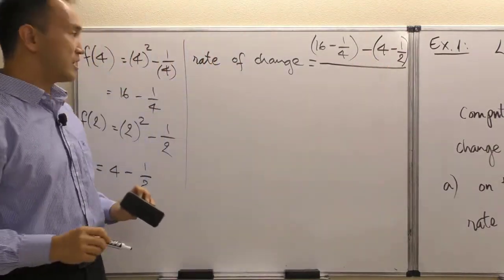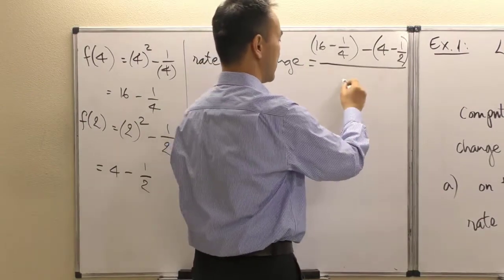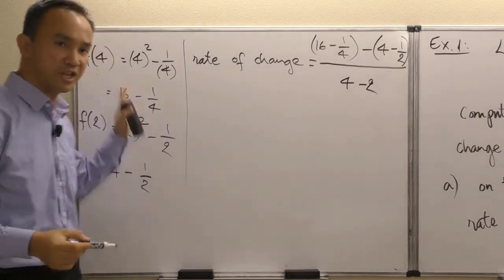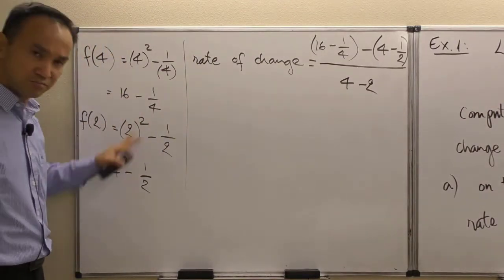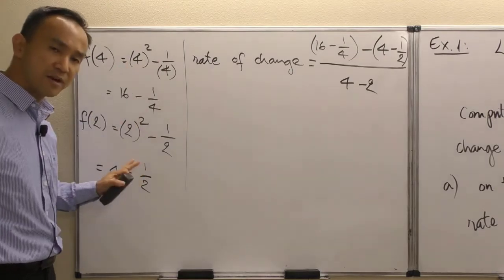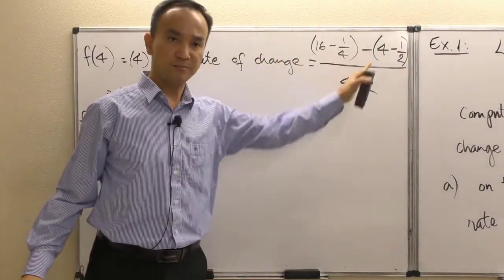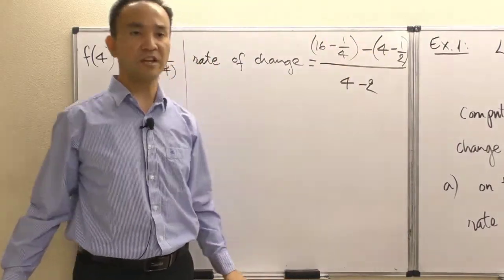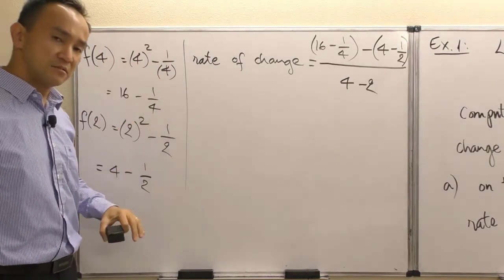In the denominator, we're looking at 4 minus 2, and that's simple enough, so I didn't need to tear it down separately. This work is highly recommended to be on scratch work like that, whereas you can directly substitute values in and do a direct calculation on here. Anyone is welcome to do this, but keep that in scratch work.